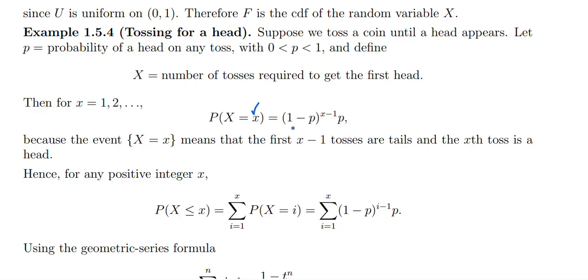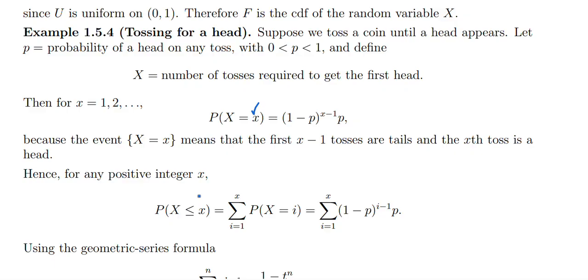The tosses are independent, so this will be (1 minus p) to the power x minus 1, and then p, because the event means the first x minus 1 tosses are tails and the x-th toss is head. Hence, for any positive integer x, the probability of X less than or equal to x is the sum over i of the probability of X equals i.